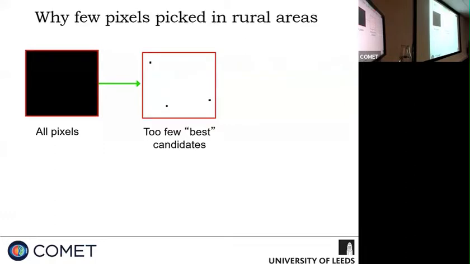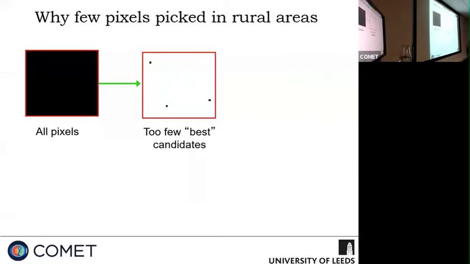Now what happens in rural areas, you don't have a lot of high amplitude targets. You might end up with only 3 candidates, so very few of them. Now remember, the atmosphere and orbit error corrections are based on the assumption that nearby pixels have the same atmospheric and orbital errors.